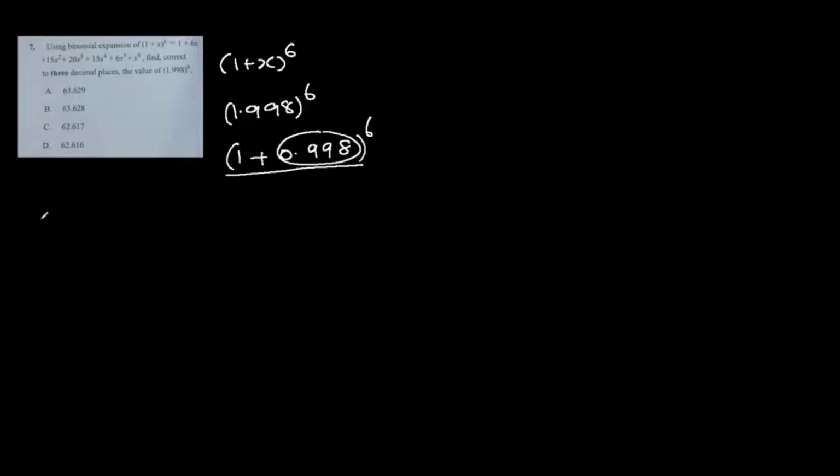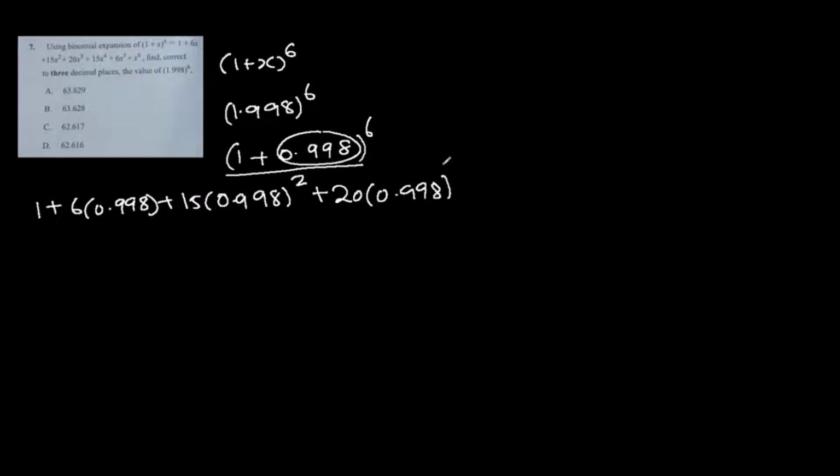So let's do it. It is 1 plus 6 times 0.998 plus 15 times 0.998 square plus 20 times 0.998 to the power cube, and plus 15 times 0.998 to the power 4 plus 6 times 0.998 to the power 5 plus 0.998 to the power 6.